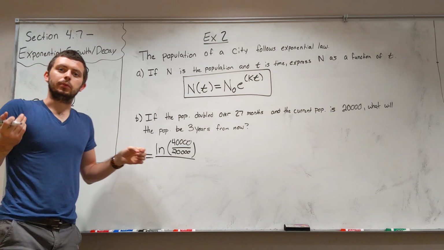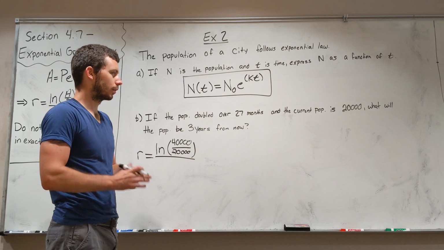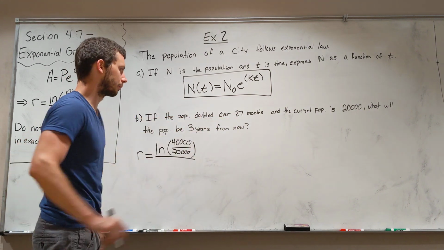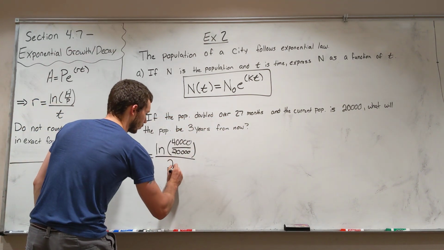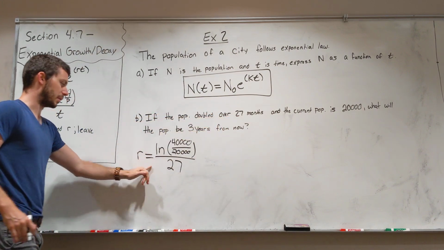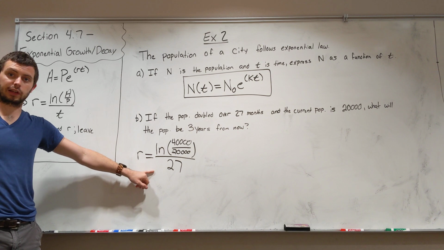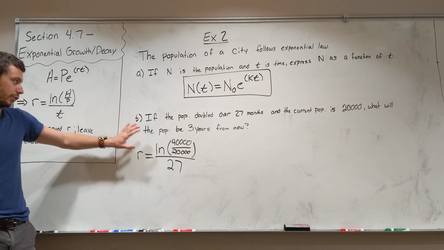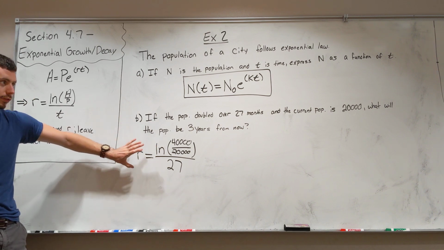As I mentioned, the time doesn't have to be in years. I'm going to put the time in months, so 27, just simply write down 27. And do not put this as a decimal, because this is not the answer for part B, but this will help us.